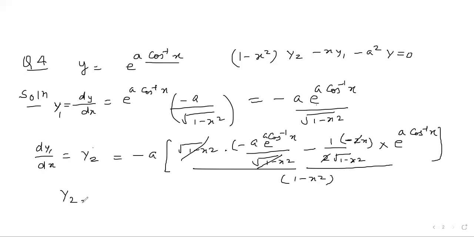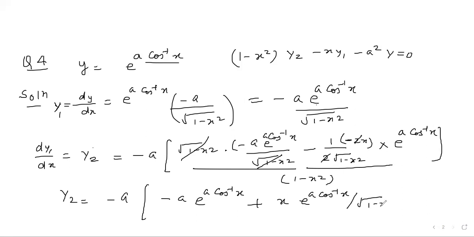So y2 equal to minus a times, minus a e to the power a cos inverse x plus x e to the power a cos inverse x divided by root of 1 minus x square, whole divided by 1 minus x square.